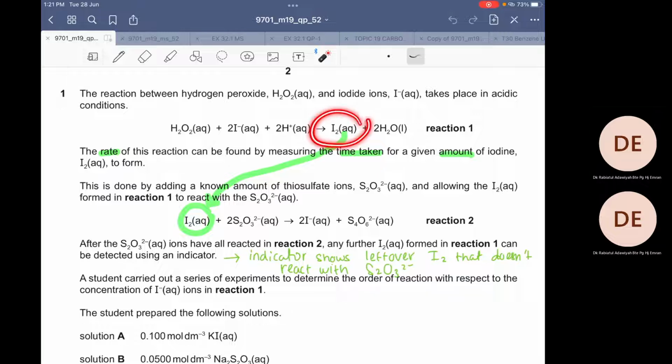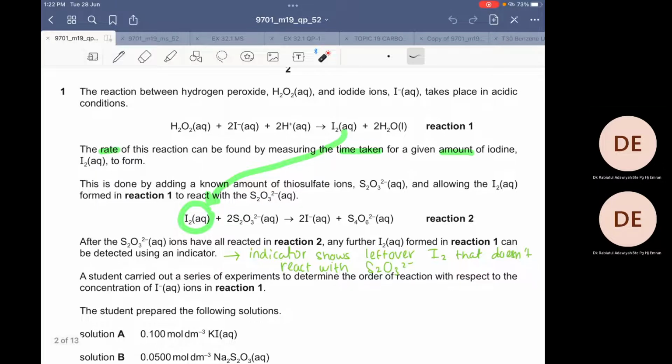So you wouldn't expect to have any iodine until there's no more thiosulfate anymore, which means the iodine is in excess. When there is an excess amount of iodine, then only the indicator will show there is iodine now, iodine in excess, right?